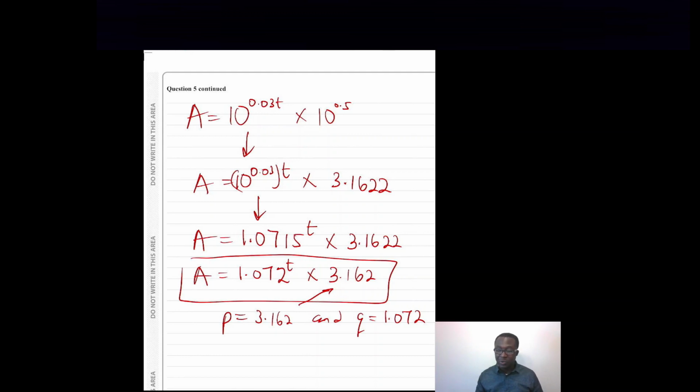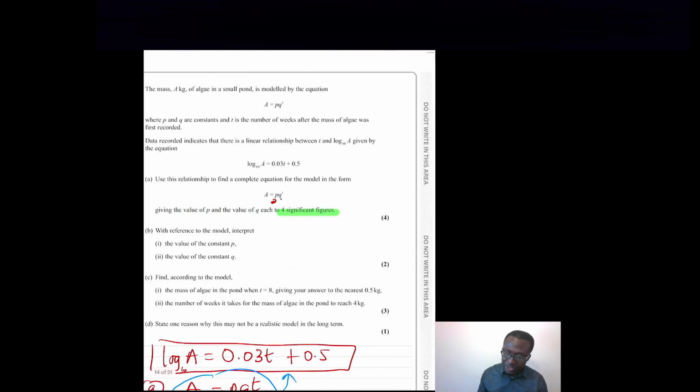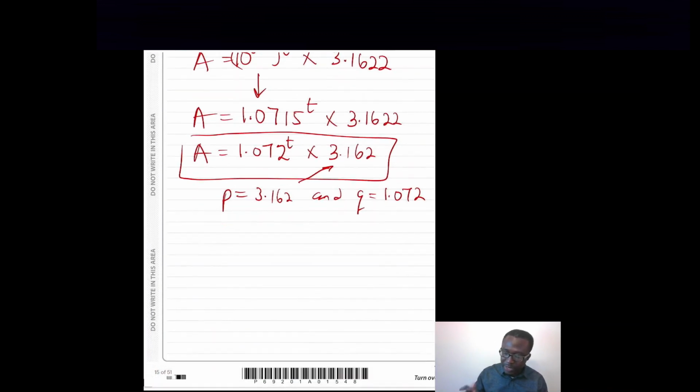Okay, when t is equal to 0, you see that everything here will be 1 and the answer will be 3.162. So that would mean the initial mass of algae in the pond. Of course, it's only 1 mark, so it's B1, so we're gonna write it down.